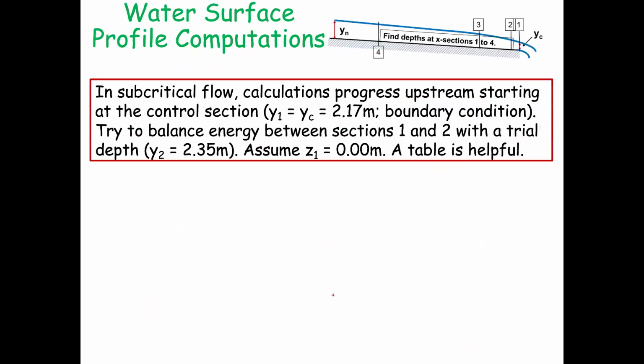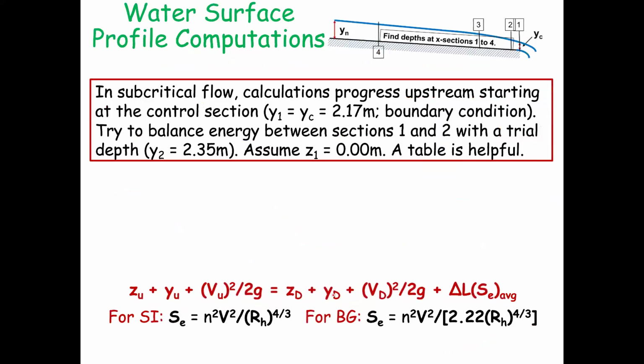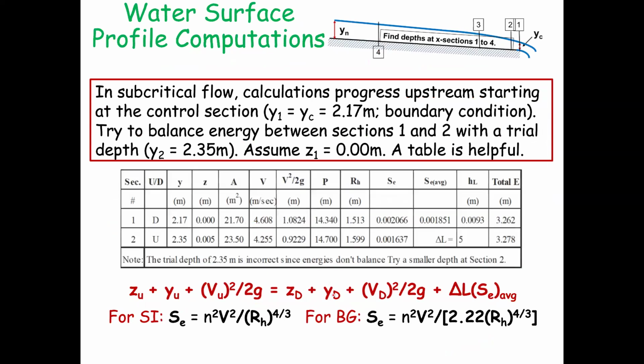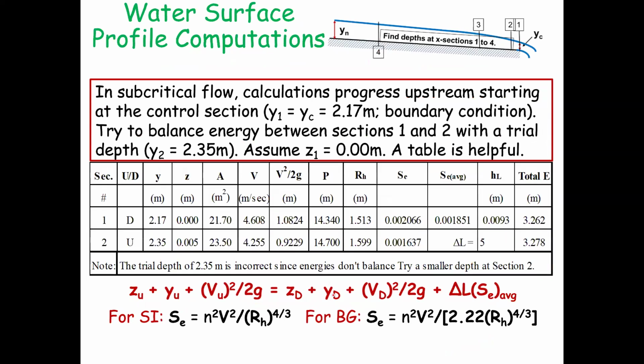That's the water profile. Now we will go for a table. For the table, look here, the same table, but this time it is a bit different. Why? You have delta L, you don't have the upstream one. So write the downstream one, 2.17, because you are starting from here to upstream. You have YC here.